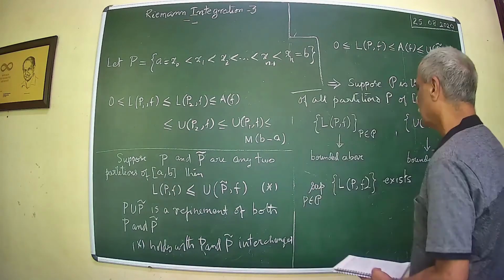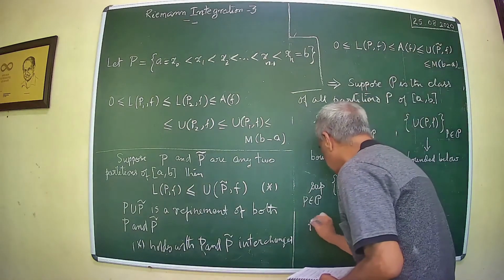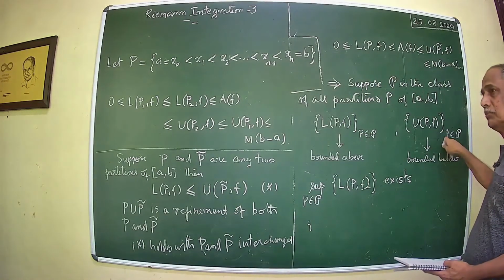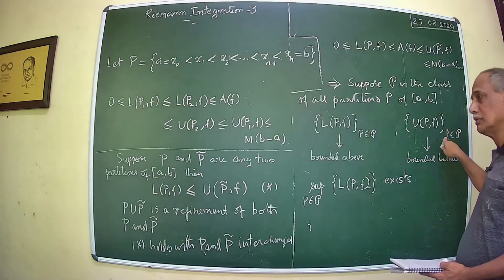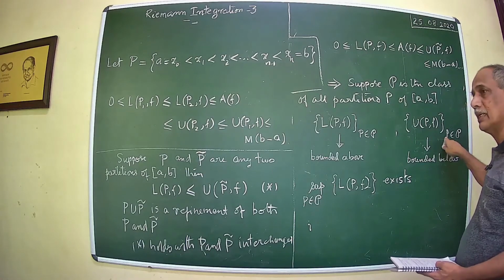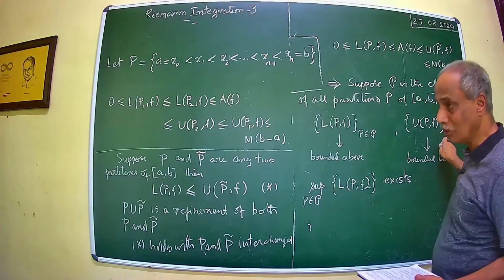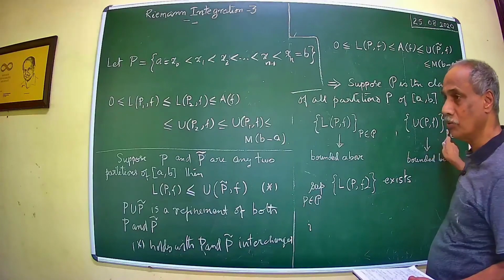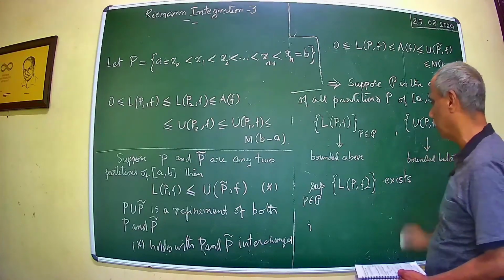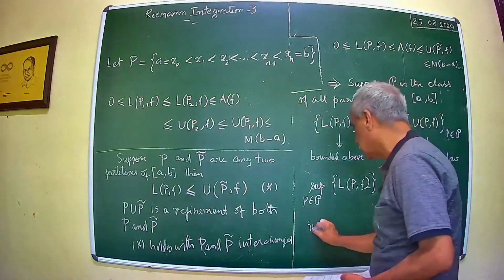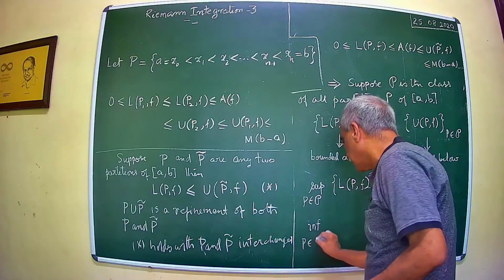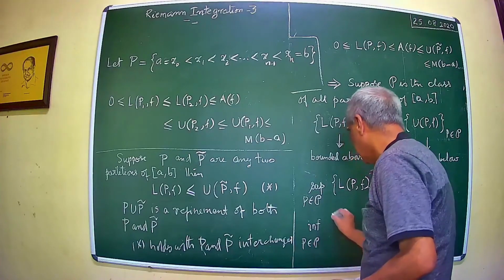And so also, these are bounded below, therefore there is a greatest lower bound. Therefore what you have is the infimum over P belonging to P.